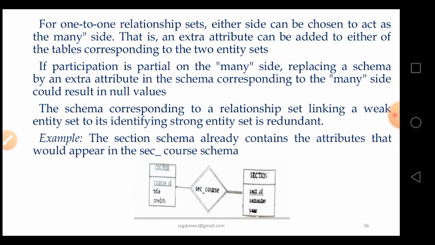For one to one relationship sets, either set can be chosen to act as the many side, that is, an extra attribute can be added to either of the tables corresponding to the two entity sets. These are the redundancy of schemas.